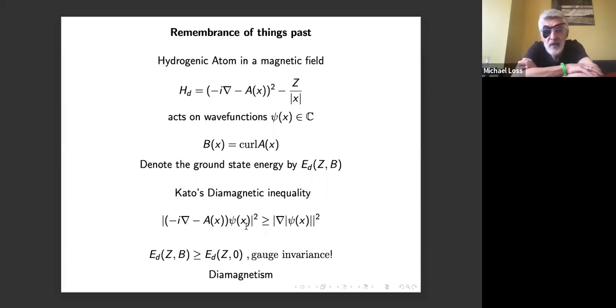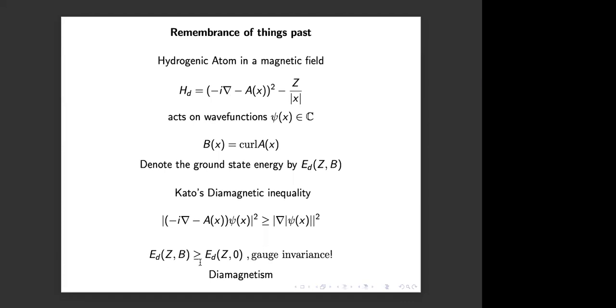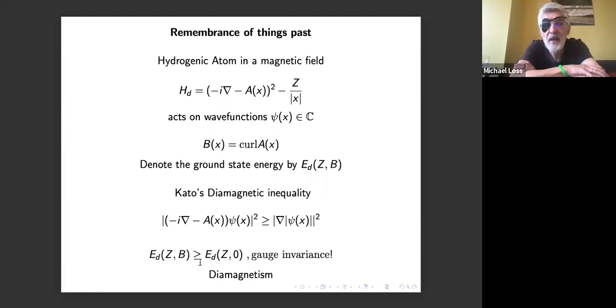What this diamagnetic inequality tells you is that the ground state energy of the hydrogen atom with a magnetic field can always be bounded below by the ground state energy of the hydrogen atom without the magnetic field. This is what we usually call diamagnetism.